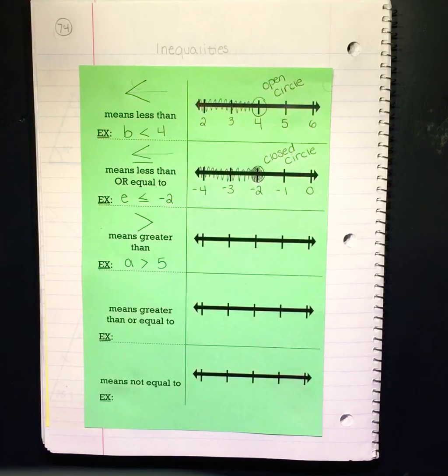Okay, I'll give you 30 seconds to try that one. Make sure you think about open or closed circle and which way are you going to shade.